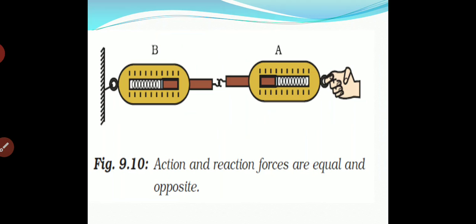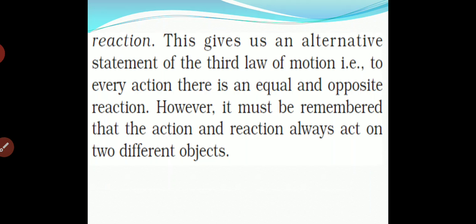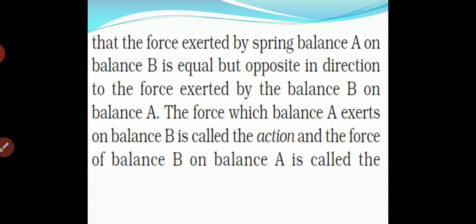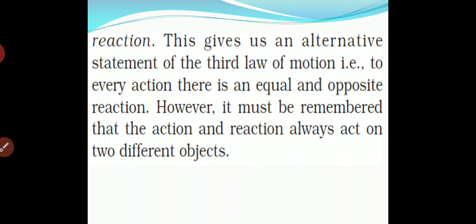Here you can see that A is exerting a force, and that will be said to be an action. In the same way, if B is exerting a force on A, that will be said to be a reaction.